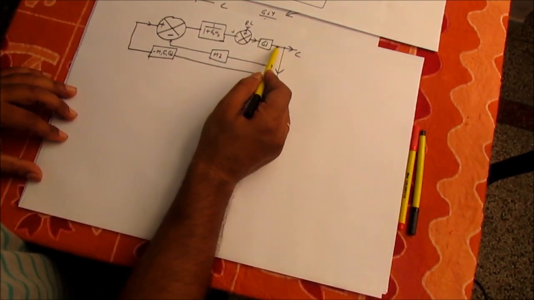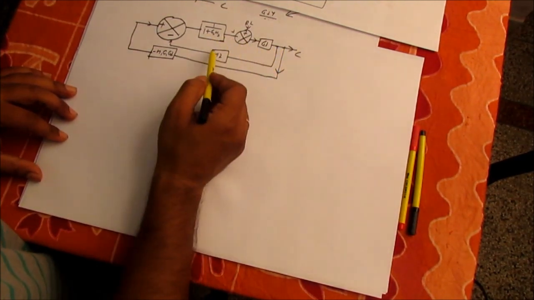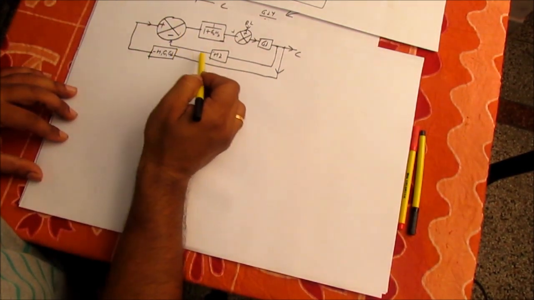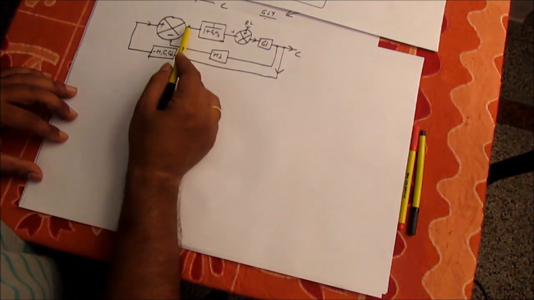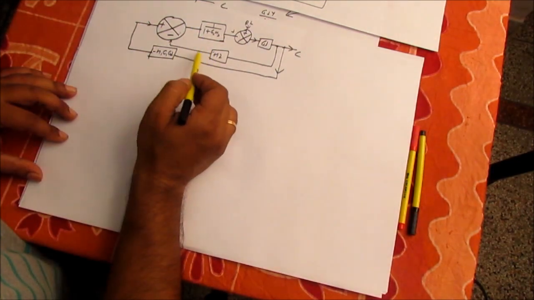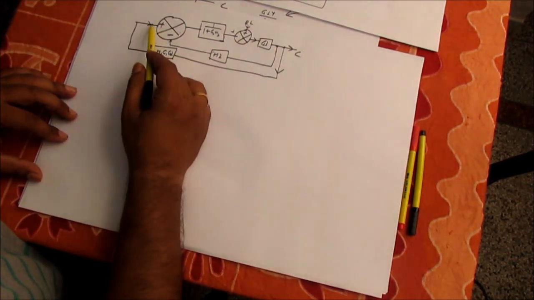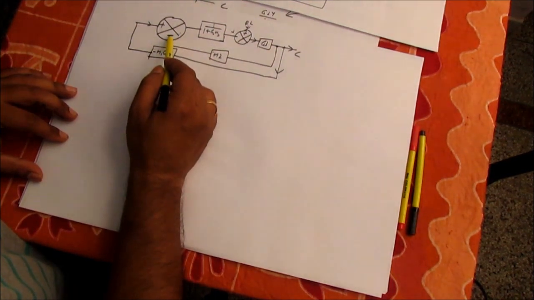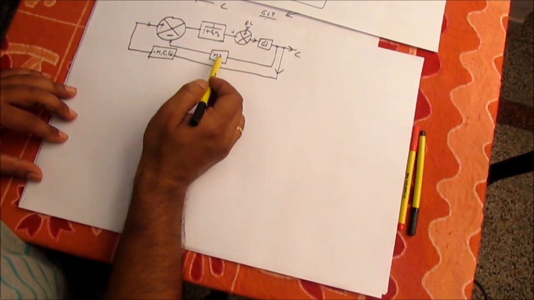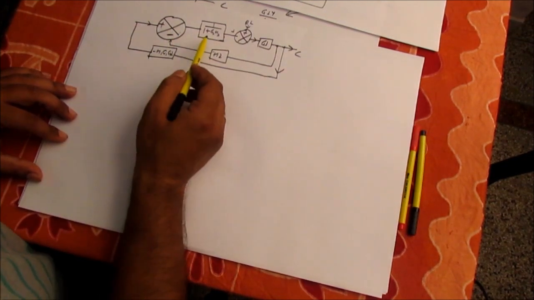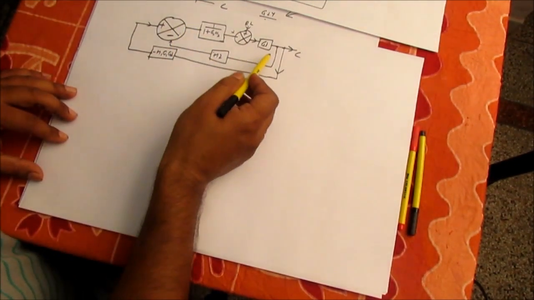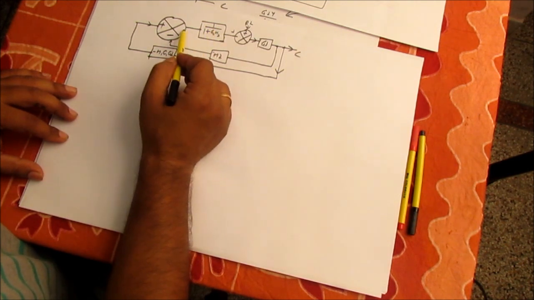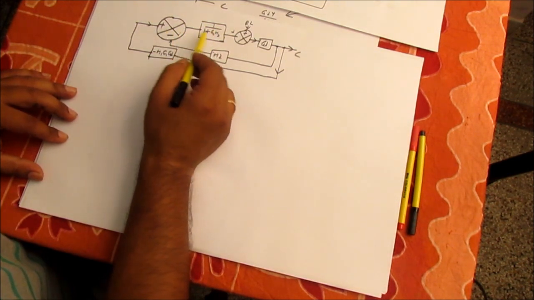So I can replace this summing amplifier and this system as H2, this is minus H1 G1 G2, minus because it has a minus sign, and then minus H2. And then after replacing this system, I have this block in series, so I can multiply.